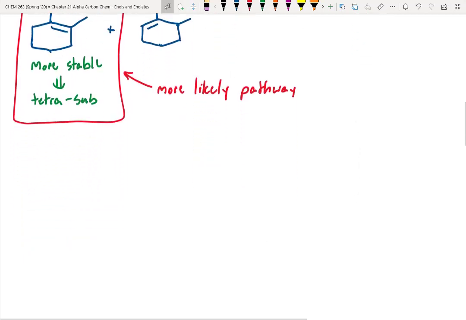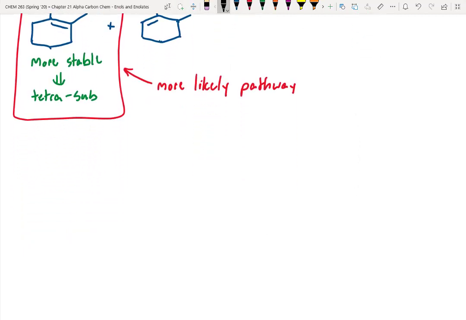I did want to show you really quickly too, this one's a little bit less common because it's harder to control, but you can do halogenation under basic conditions.